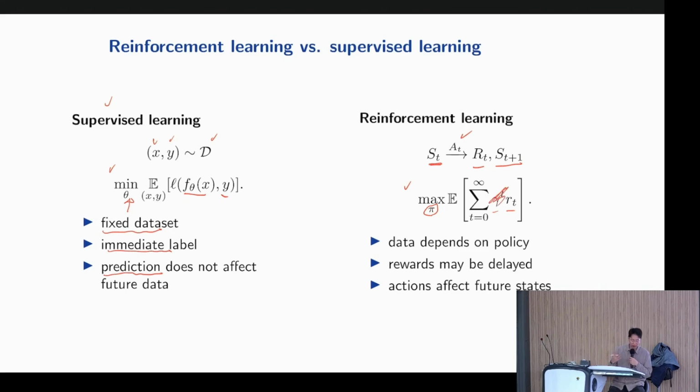So I want to define a policy or how I'm going to interact or navigate the world so that I can maximize the collection of the rewards from the current time step onwards towards infinity or some finite horizon depending on your environment. So whichever data you collect, what I mean by data here, this is data, this data, this data, this data, depends on your policy. So you influence which data you collect.